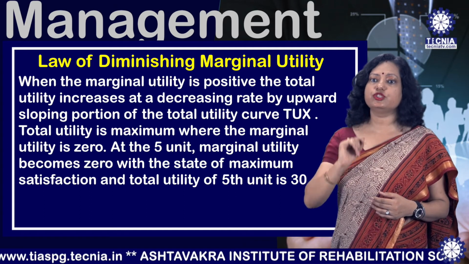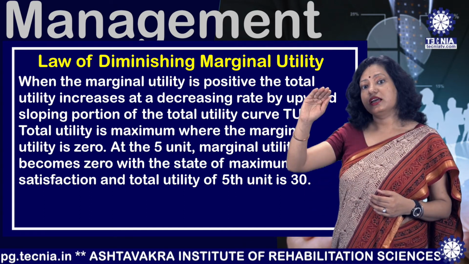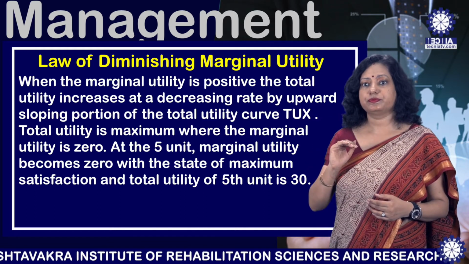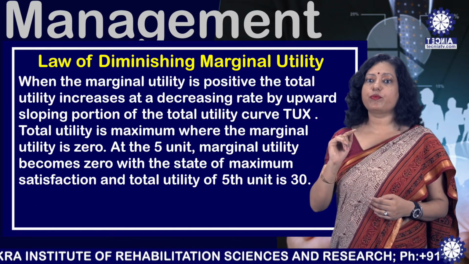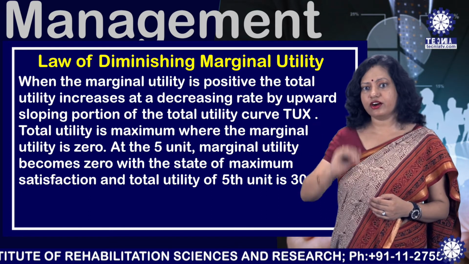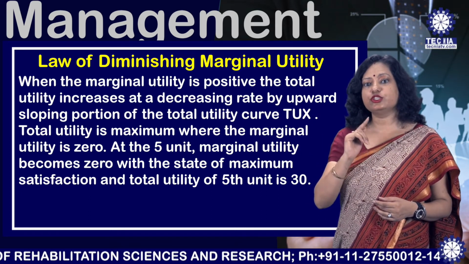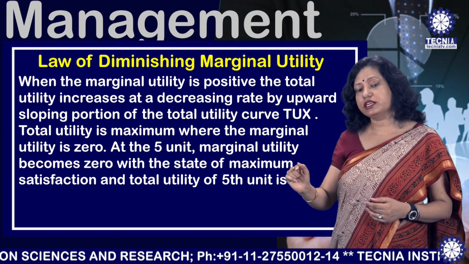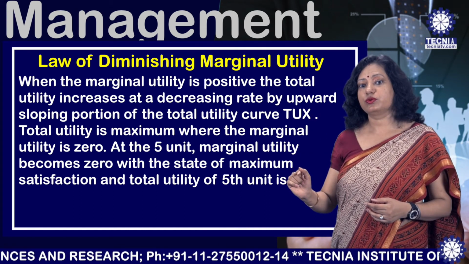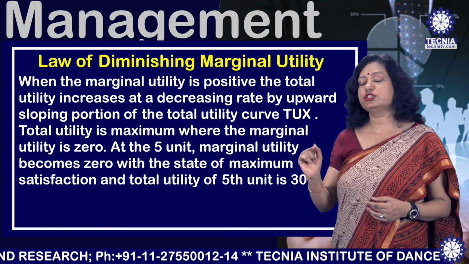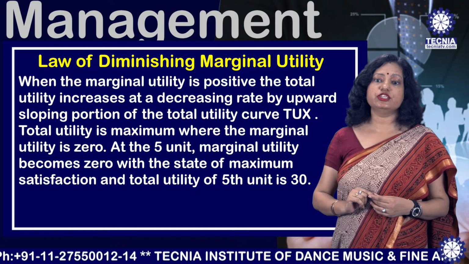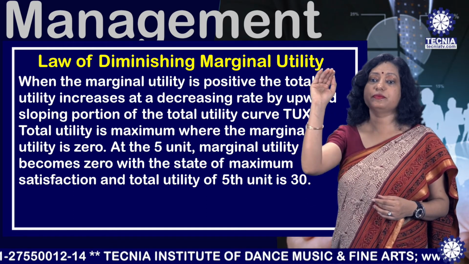When the marginal utility is positive, the total utility increases at a diminishing rate. The total utility is maximum when the marginal utility is 0. When the marginal utility curve touches 0, it means total utility is at its maximum.